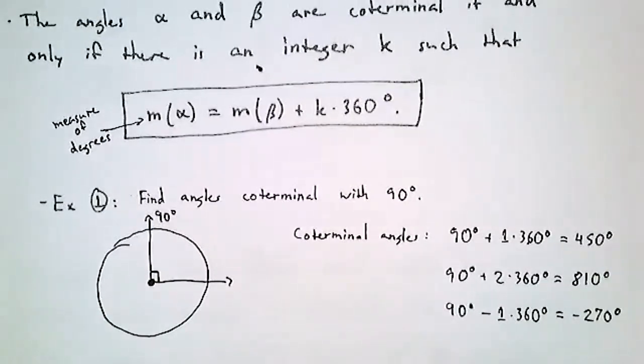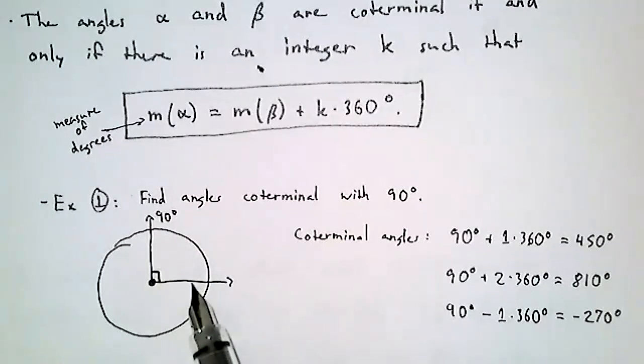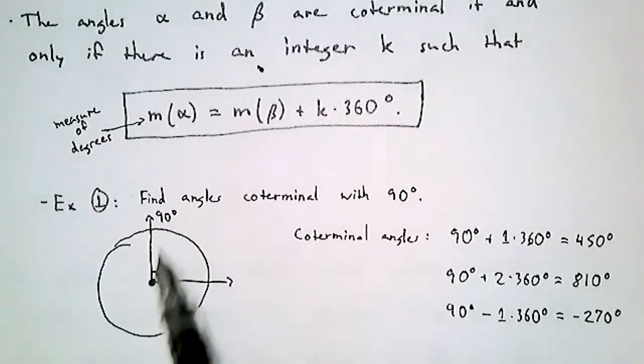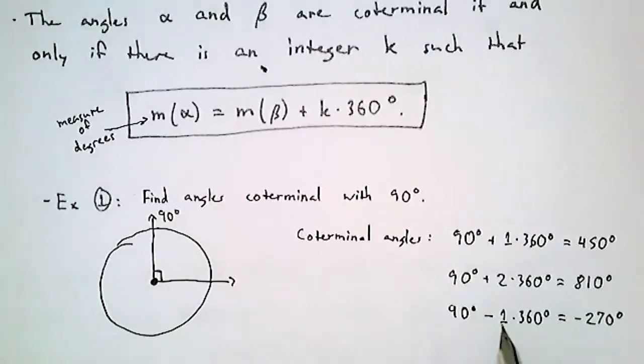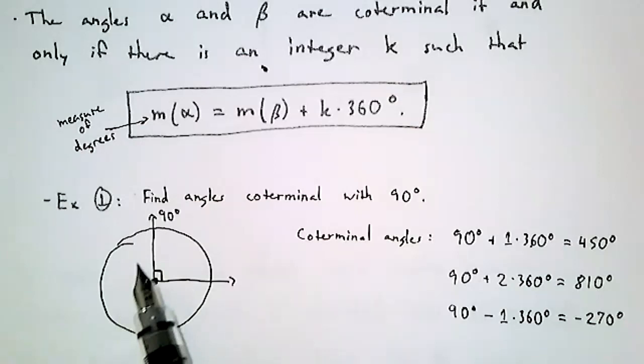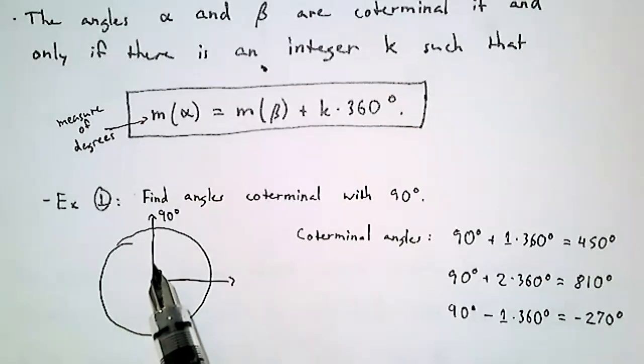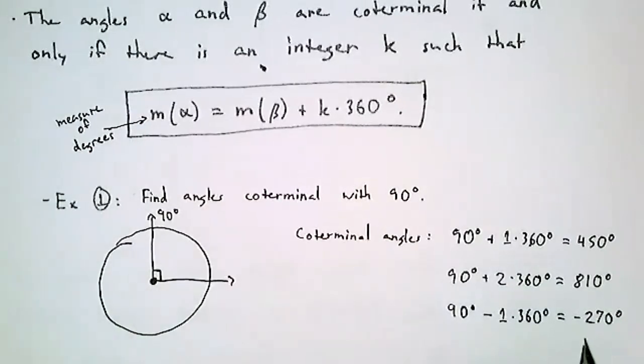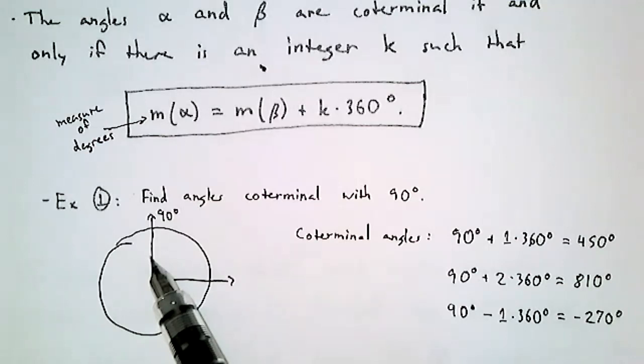Remember a few minutes ago I told you that the negative angle tells you to go the other way around the circle, tells you to go clockwise. So I start at my 90-degree angle, and if I subtract 360 degrees from it, I go clockwise around the circle, all the way around, and I end up where I started. So this negative 270 represents going clockwise around the circle from 90 degrees.